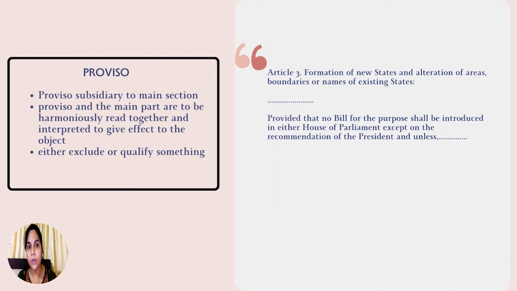It doesn't go beyond the main provision. In short, it just places a condition on the main provision to which it is annexed, and it often starts with the term provided. You can see the example I have mentioned here, Article 3, to which a proviso is annexed. So you can refer to it.